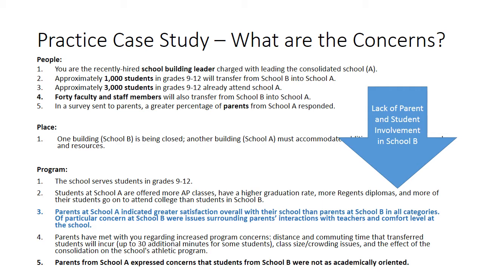But because our course is focused on communicating with stakeholders, we will select for our two issues the first issue, the difference in achievement and how to improve that, and the second issue, the lack of parent and student involvement in School B.